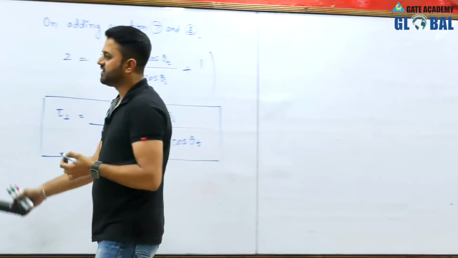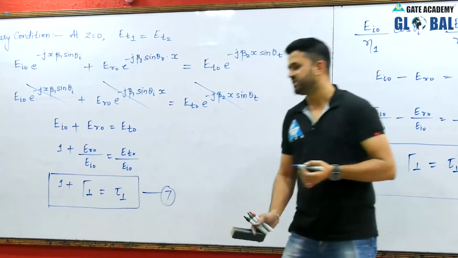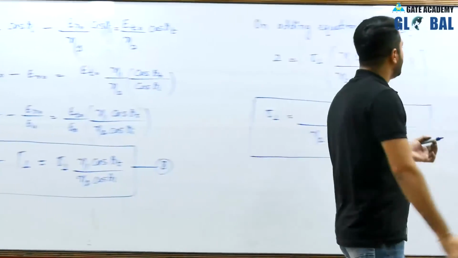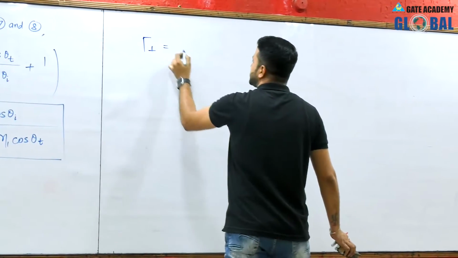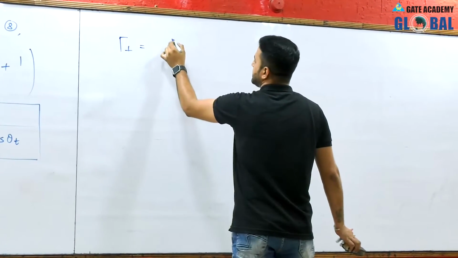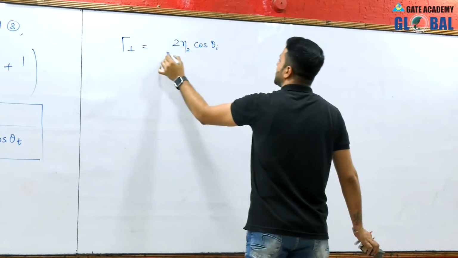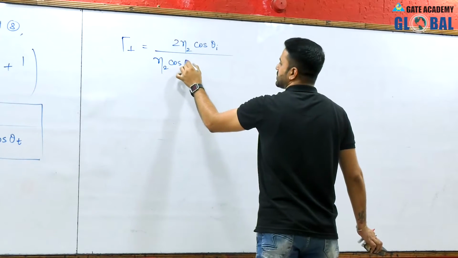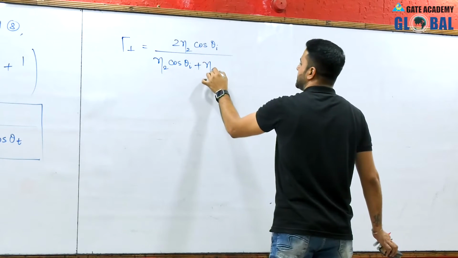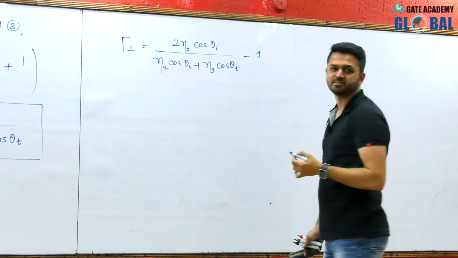Now the tau perpendicular we have got with the help of equation number 7. By subtracting 1 we can get the reflection coefficient, and the value of reflection coefficient for perpendicular polarized is 2 eta 2 cos theta I divided by eta 2 cos theta I plus eta 1 cos theta t minus 1. We have to subtract it.